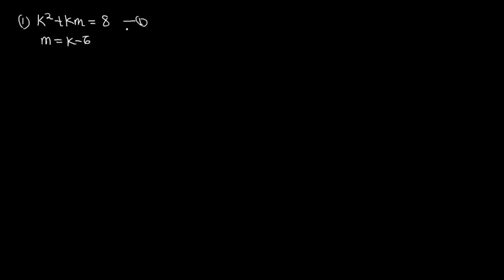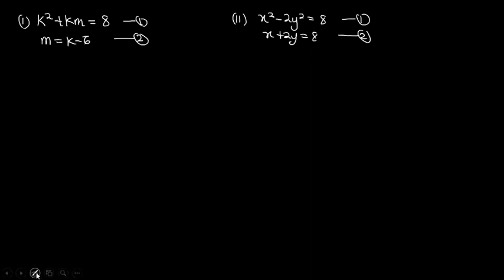This is equation 1, this is equation 2. Then we have x squared minus 2y squared is equal to 8, and x plus 2y is equal to 8. Equation 1, equation 2. Let's look at how to solve these two problems.